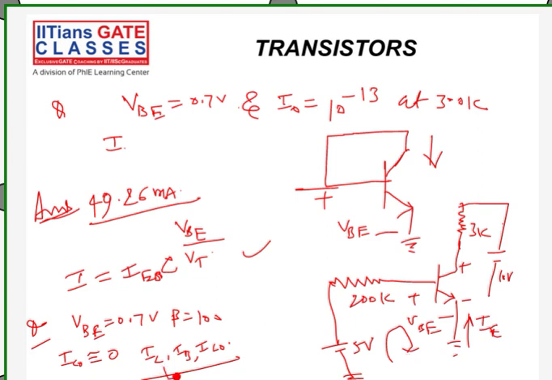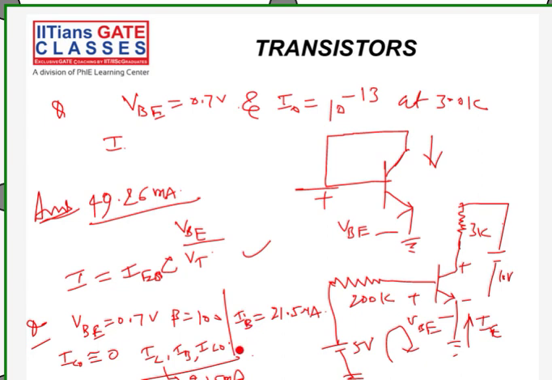First answer: how much is the IC value? That is 2.15 milliamps. Okay, so that is IC. IB, that is equal to how much? 21.5 microampere.